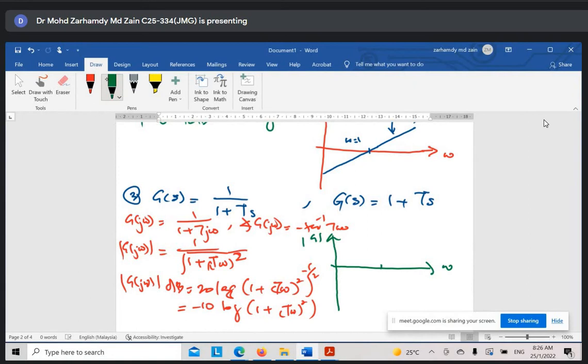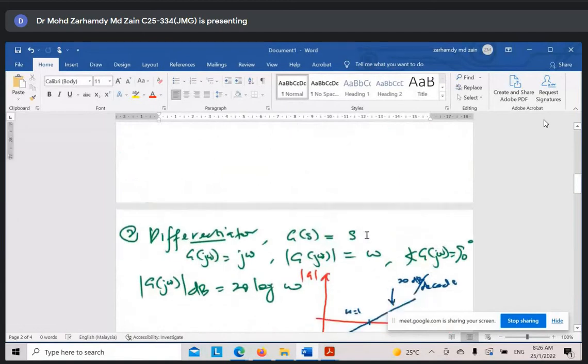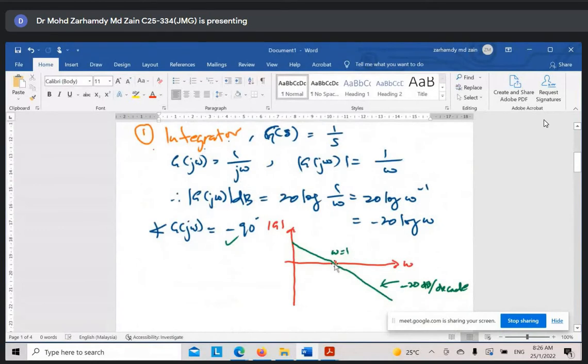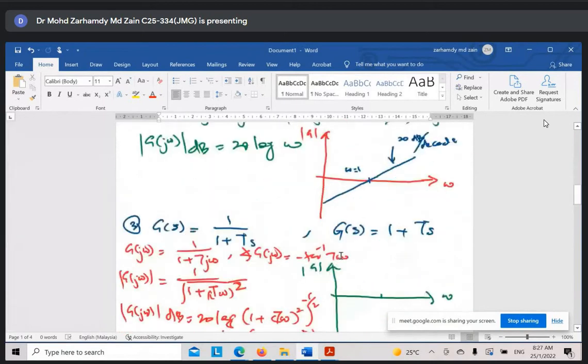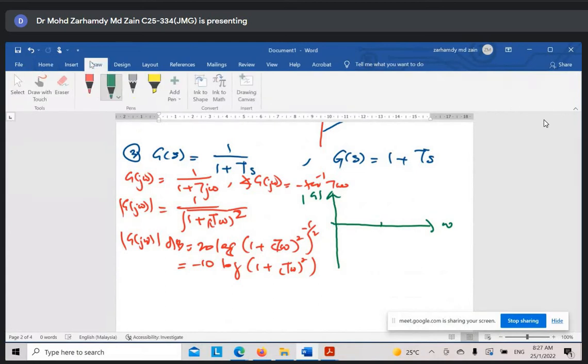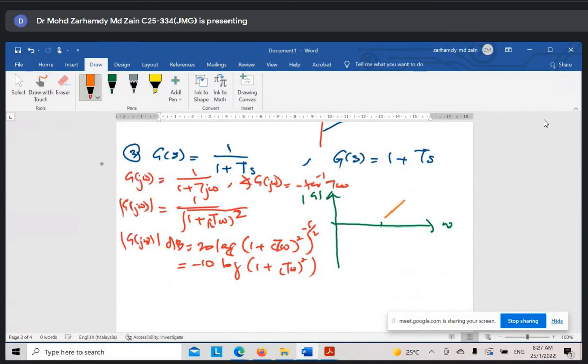If you can see here, for the differentiator the crossing line is at 1, the break point is also 1, but the gradient is positive. For the integrator, the crossing point is still 1. But here, if we have 1 over 1 plus Ts, the break point, which I marked in orange, is represented as omega equal to 1 over T.